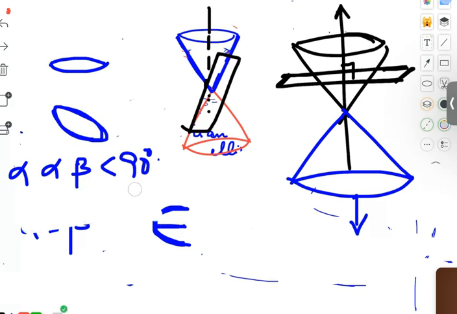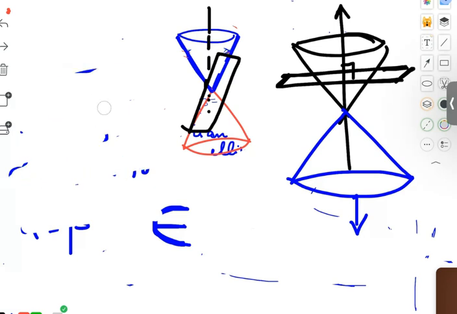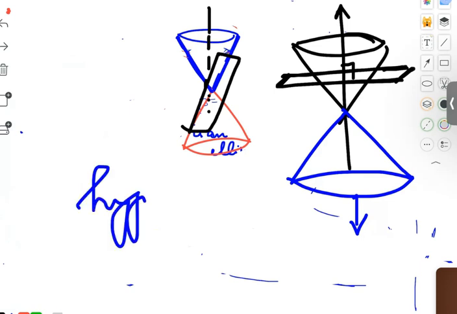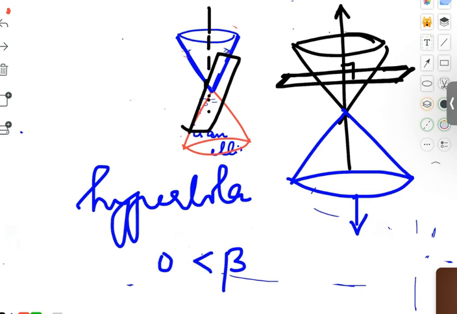So in the last case, the shape you get when you cut it like that, we call a hyperbola. In this case, beta is not 0. Jonathan, you said you can cut it vertically along the axis.